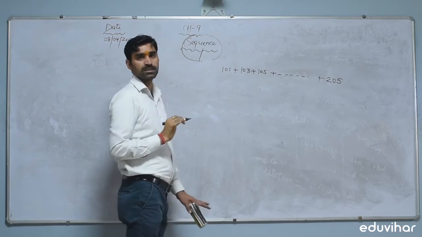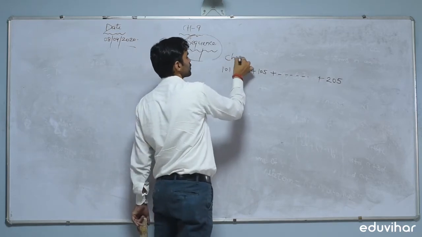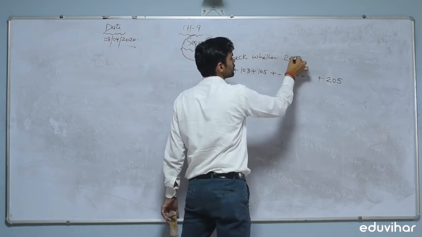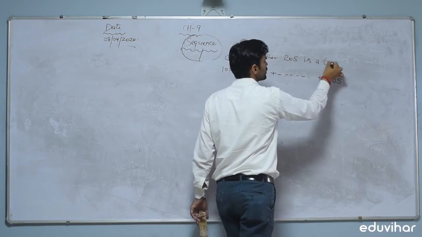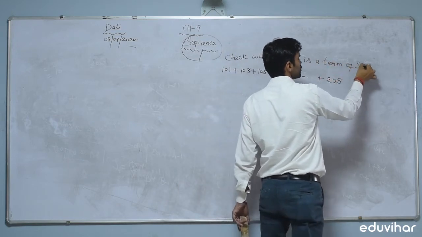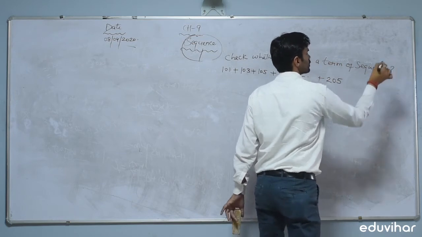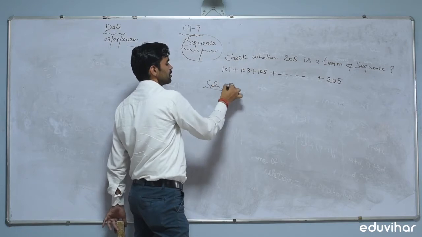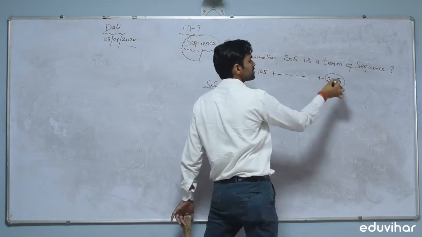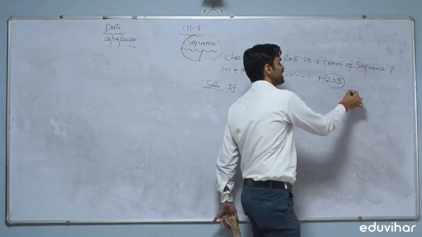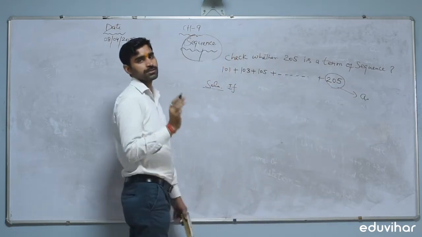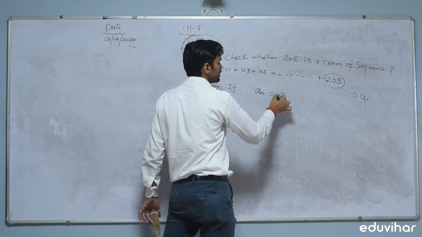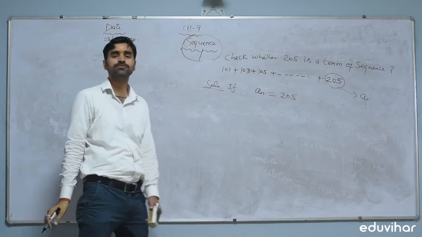We have to check whether 205 is a term of the sequence or not. So its solution is, if 205 is a term of the sequence, then we consider it as the nth term of the sequence, which is given to be 205.